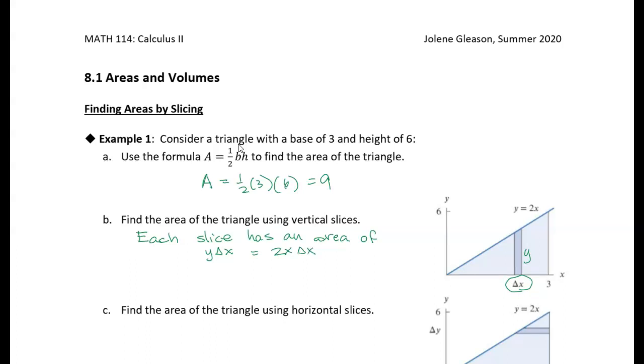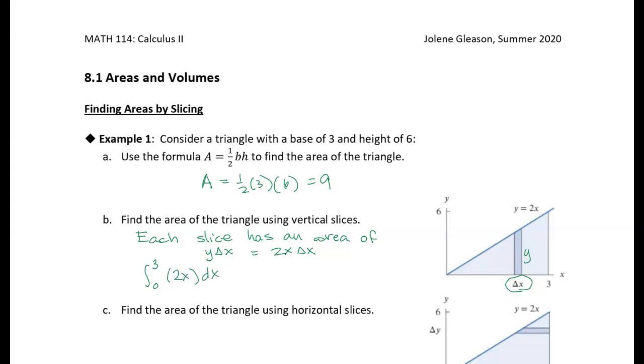If we sum up all those little pieces and take the limit as delta x goes to 0, or the number of slices goes to infinity, we end up with an integral. So we have the integral from 0 to 3, because we're integrating across the base of 3, of the height of this rectangle, which is 2x, and then this delta x becomes dx.